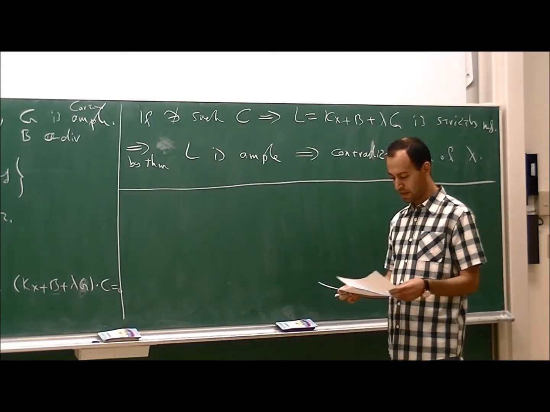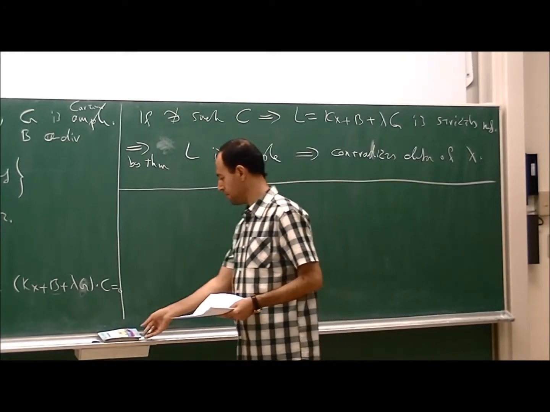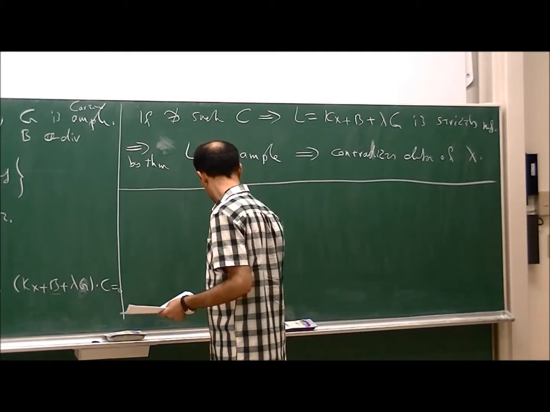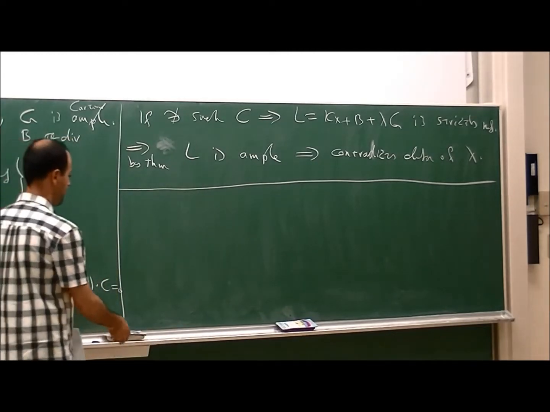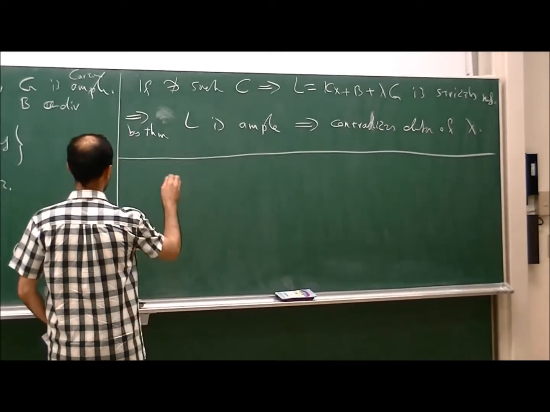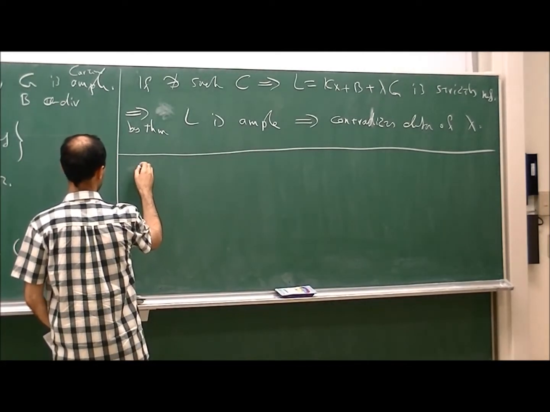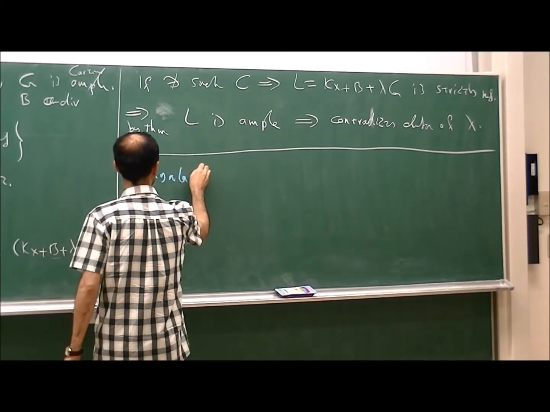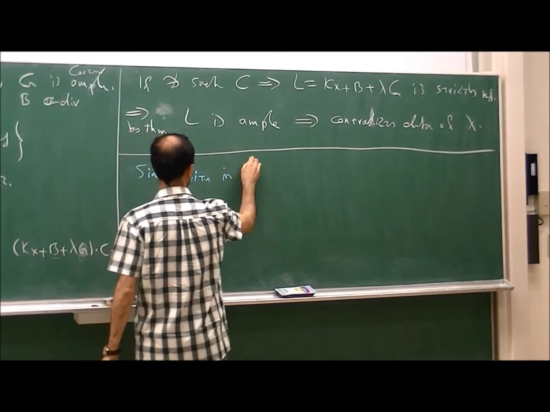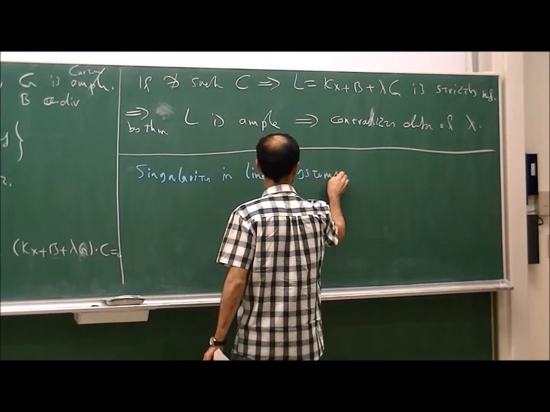Then, as I said, I will try to explain the proof of the main theorem, but I will need some preparation. So I will try to explain some general abstractions which in fact come from complex geometry. So first let me explain singularities in linear systems.